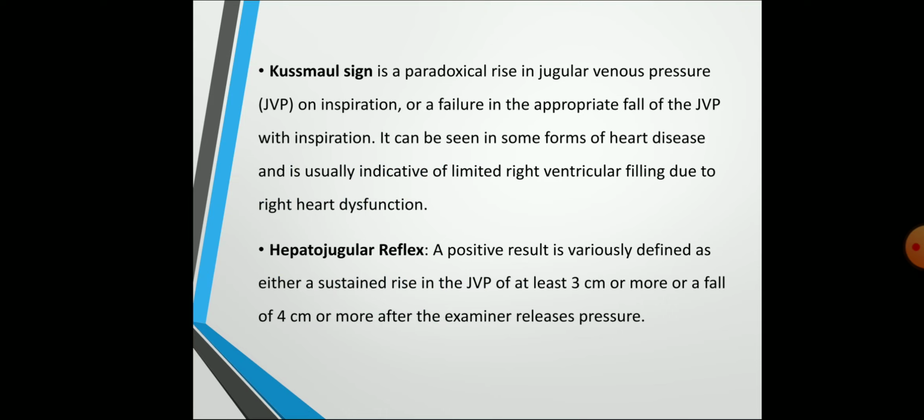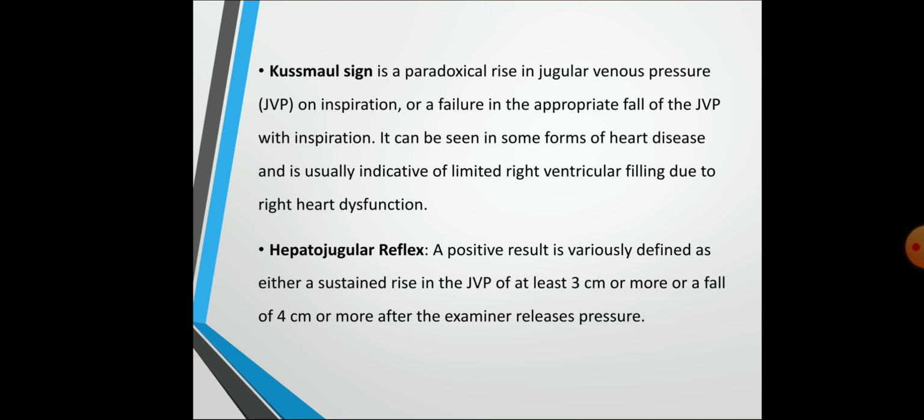Now, what is Kussmaul's sign? We have already talked about how during inspiration the CVP tends to fall, and in expiration it rises. But in Kussmaul's sign, you see a paradoxical rise in CVP during inspiration. So it is more or less the opposite. It is paradoxical because in a normal patient the CVP is supposed to fall during inspiration, but here it doesn't fall as much.